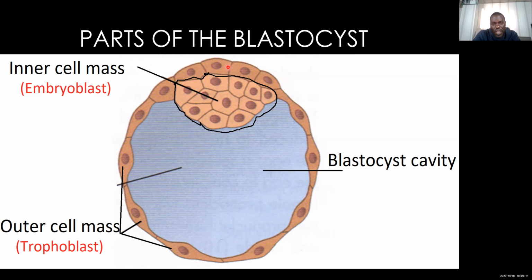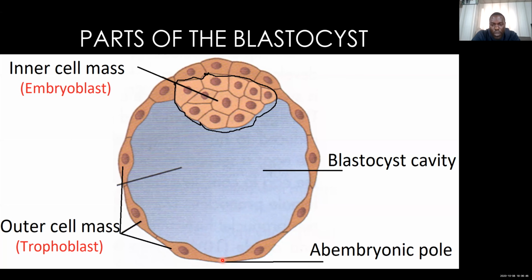With reference to the trophoblast layer, there are 2 poles of the trophoblast that we can describe. There's this side of the trophoblast that contains the inner cell mass, or that is next to the inner cell mass. And there's this side of the trophoblast that is away from the inner cell mass. The part of the trophoblast away from the inner cell mass is called the embryonic pole. Now you know why it's called embryonic pole.